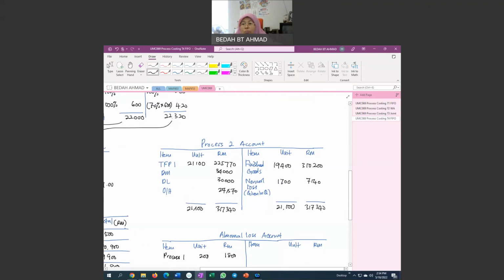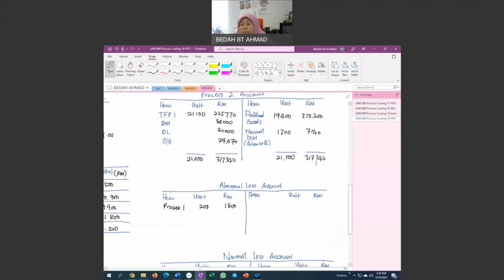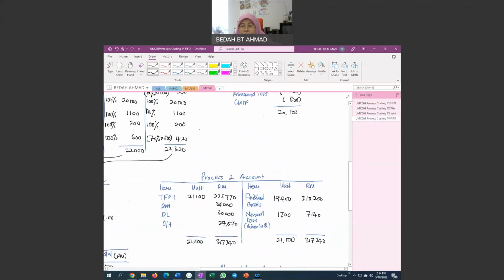To find the cost per unit for process 2, the finished good: the input cost 317,340 minus the scrap value 7,140, divided by the input units 21,100 minus 1,700.